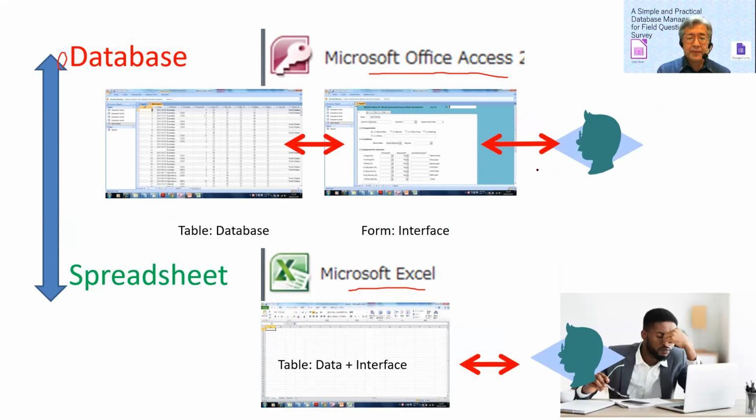So when you input data in Excel, the data itself appears as it is. However, with database software, for example Access, you have an interface. So not only tabulation data, you can set up this interface to make it easy to input data.